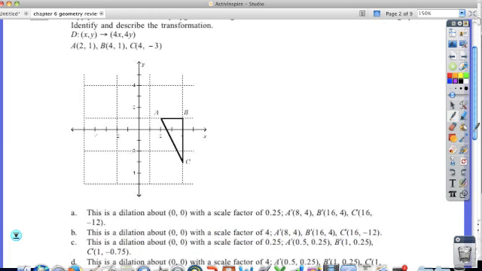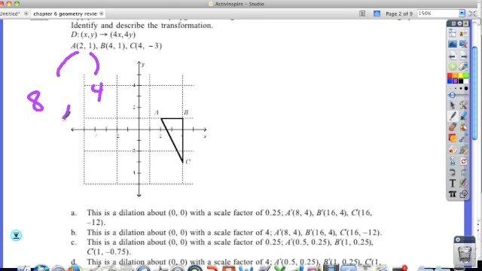Death to evil walruses. Okay, so, guys, really you don't have to do that much work here. You're dealing with a dilation with 4. So what I did was I just looked at the first point, 2, 1. That's going to become 2 times 4 is 8, and 1 times 4 is 4.